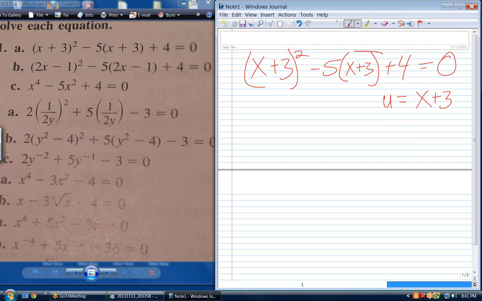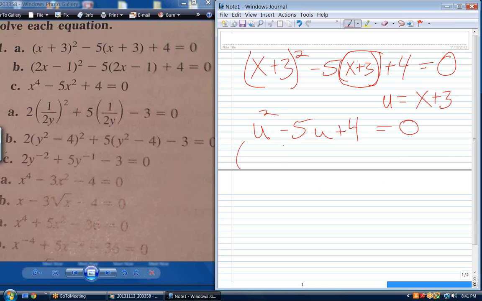Always let the substituted variable equal that middle thing right there. Now what kind of an equation is it in U? It becomes U squared minus 5U plus 4, which is easily factored.